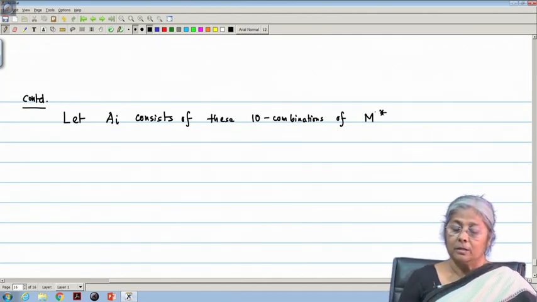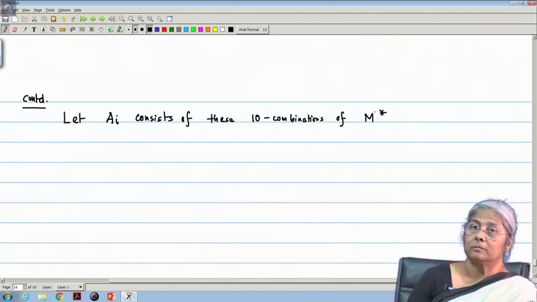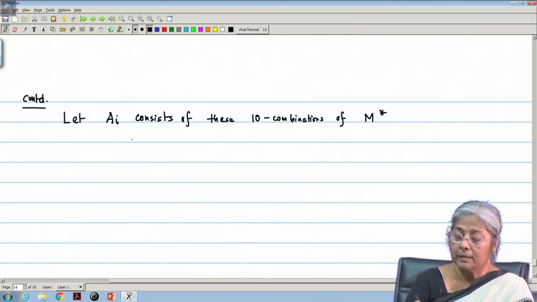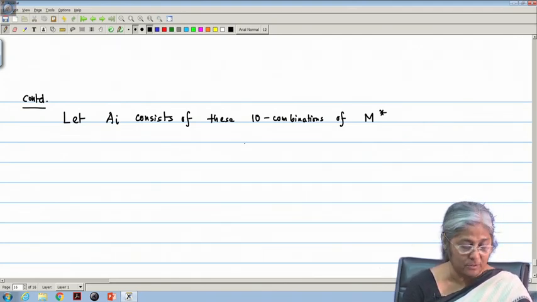That means A1 is concerned with A's, A2 is that of B's, and A3 is that of C's.